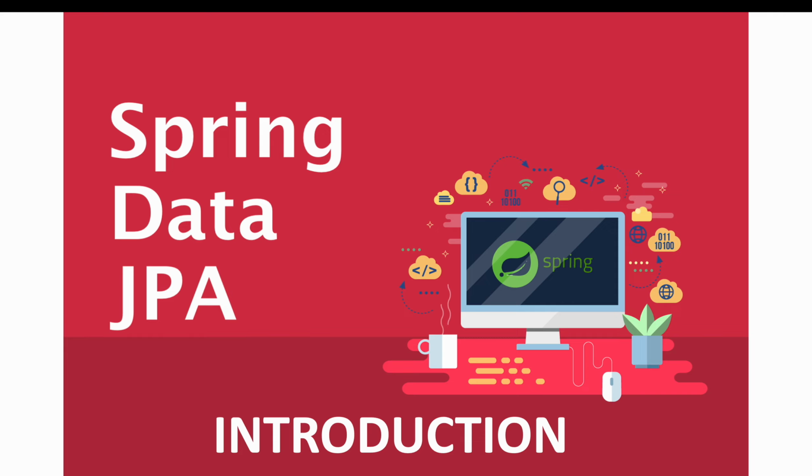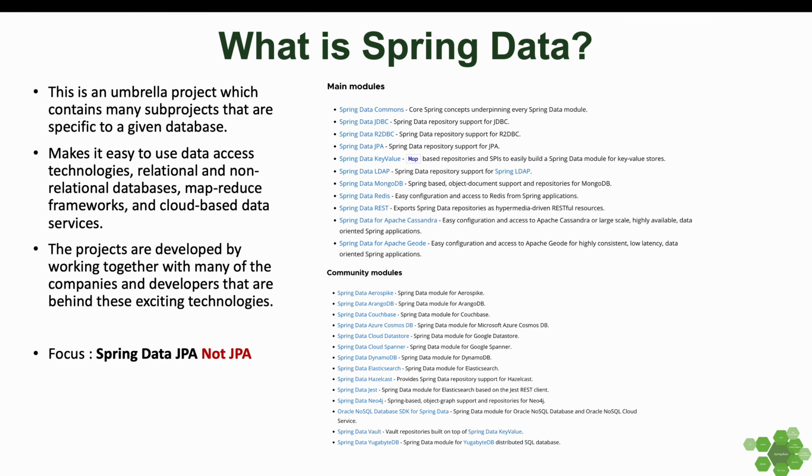I'm gonna start as usual with some theory, and then as we go along, we will introduce some practical. So, what is Spring Data? Spring Data is an umbrella project which contains many sub-projects that are specific to a given database.